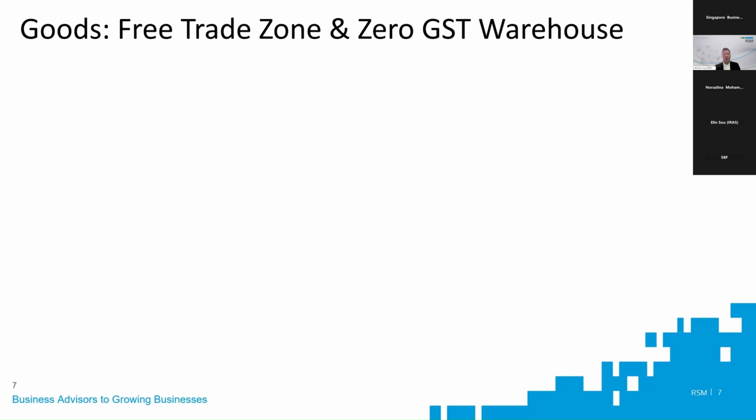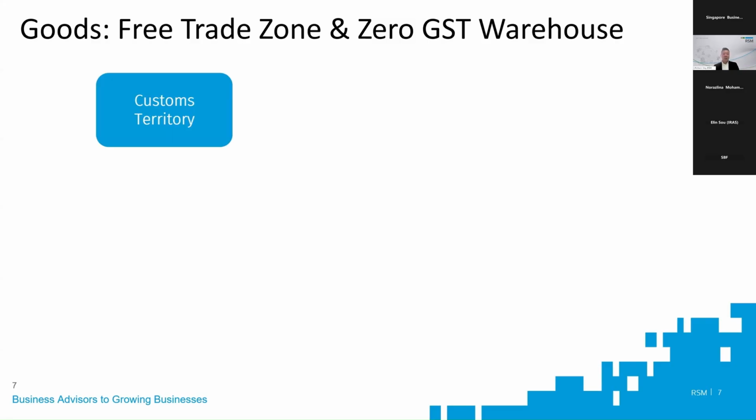But I would also like to emphasize most clients and participants that we spoke to are not very familiar that Singapore, or what we call Singapore customs territory, actually excludes the two main key areas that you see on screen now: free trade zone and the zero GST warehouse.